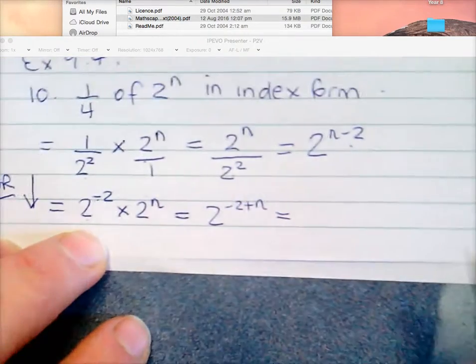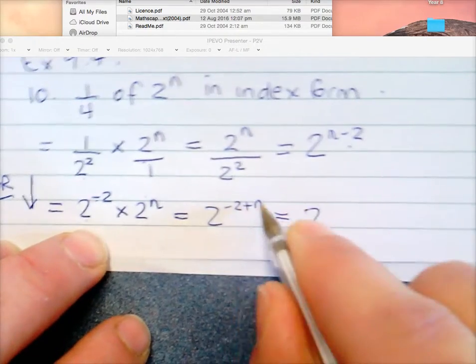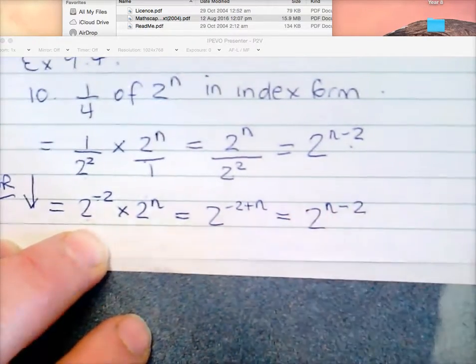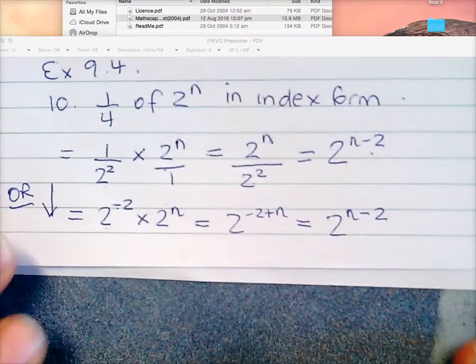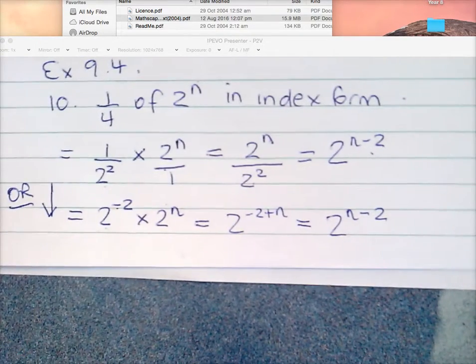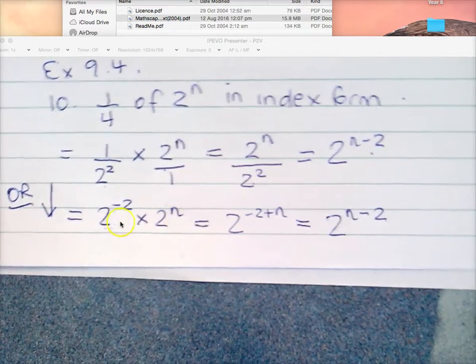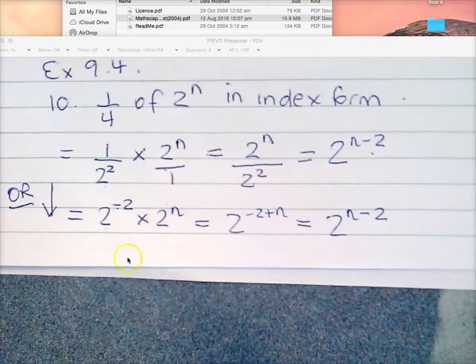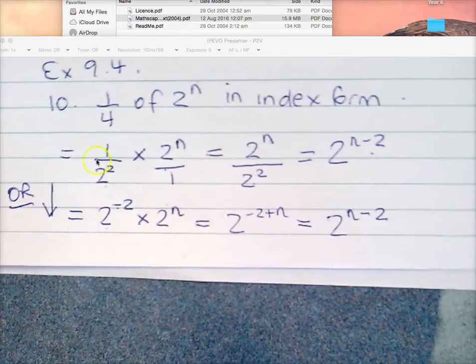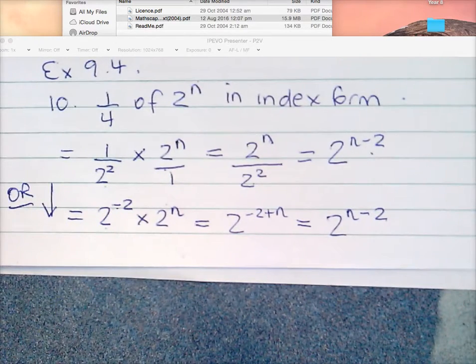Girls, we don't like to see the negative. That's the same as plus n minus 2, or n minus 2. Okay? So you could have done that both ways, using the division law for indices or using the multiplication law for indices. Okay? And using the negative law there. So either way.